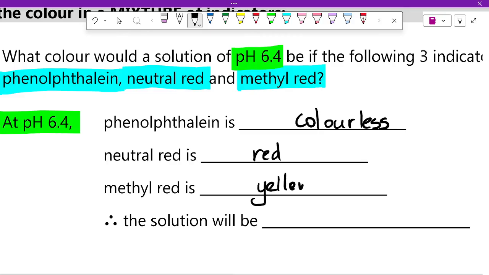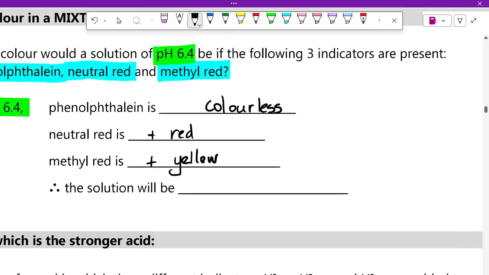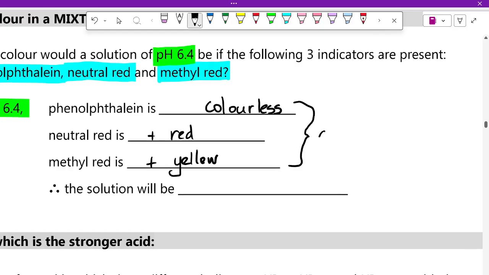So if we take those three colors, colorless plus red plus yellow, what do we get when we combine them? We get orange. Okay, so that's not that difficult. You just have to read your table and know your color combinations.